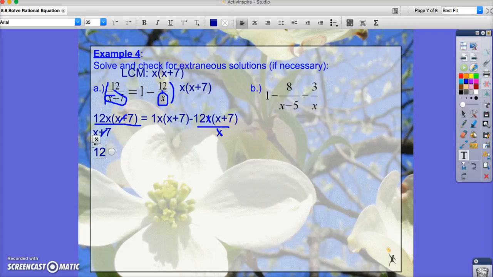So the first part I'm just left with 12x equals, distribute the 1x to everything. So I get 1x squared, or x squared, plus 7x minus 12x, distribute the negative 12, minus 84.